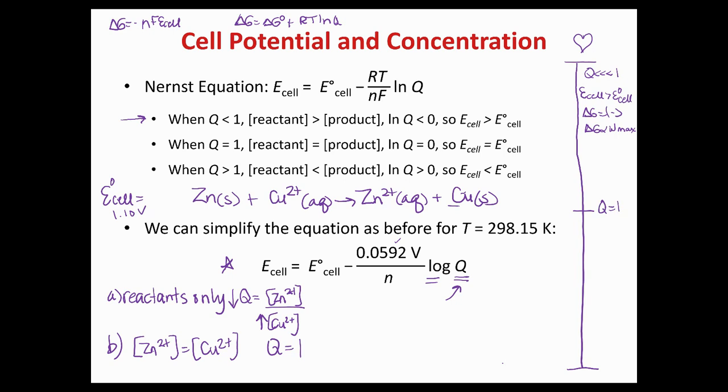If Q equals 1, the log of 1 is 0, all this drops, and E of cell equals E naught of cell. Okay, this is that important point where you're at standard conditions.